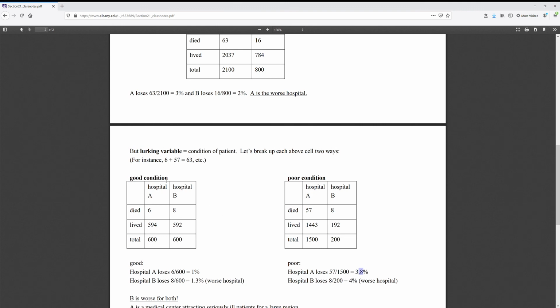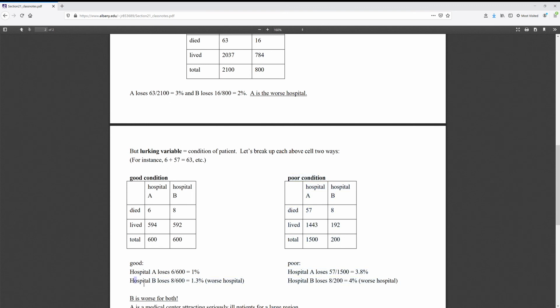So if you're talking about patients in good condition, then Hospital B is the worst hospital. On the other hand, if you're talking about patients in poor condition, then Hospital B is the worst hospital. Say again? Whether you are in good condition or poor condition, Hospital B is the worst hospital.